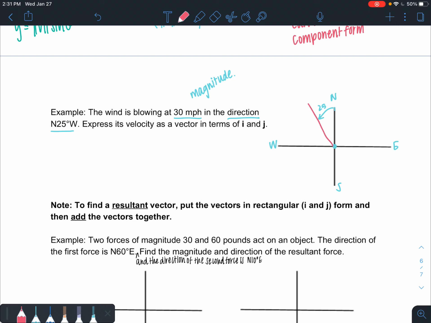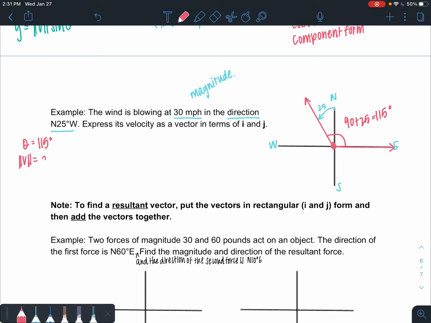It's not quite on the 25, but you should get the idea. We want the angle with the positive x-axis, so we do 90 plus 25, which equals 115 degrees. So theta is 115 degrees.